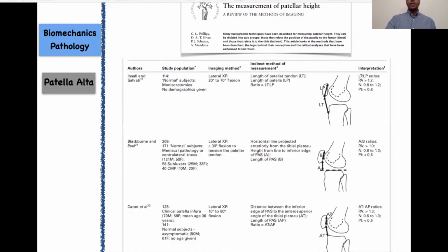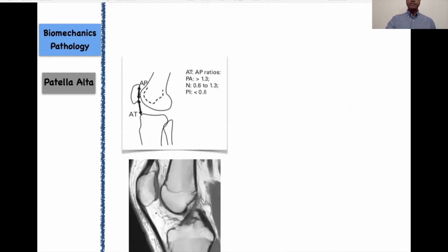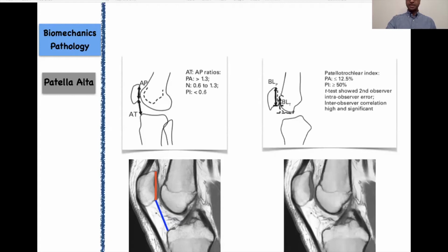Now, we published the various methods of patellar height measurement almost 10 years ago. I won't go through the details of that, but the two methods that I think are clinically relevant and useful to use: the Caton-Deschamps ratio, which is the ratio of the patellar articular surface and anterior superior portion of the tibial plateau. And if it is more than 1.3, it is abnormal patellar height.